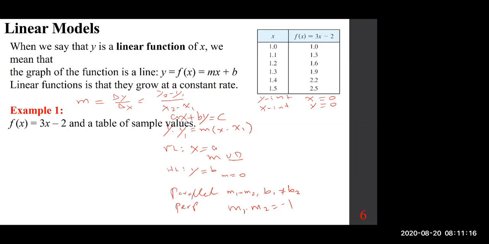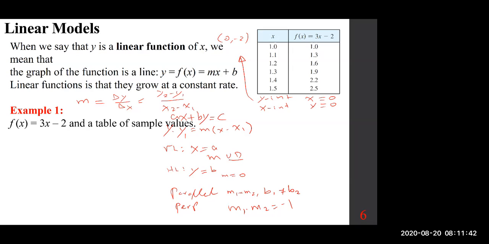So it's very straightforward. If you set x equal to 0, you get -2, so you get the point (0, -2). So for the y-intercept, replace x with 0, y becomes -2.